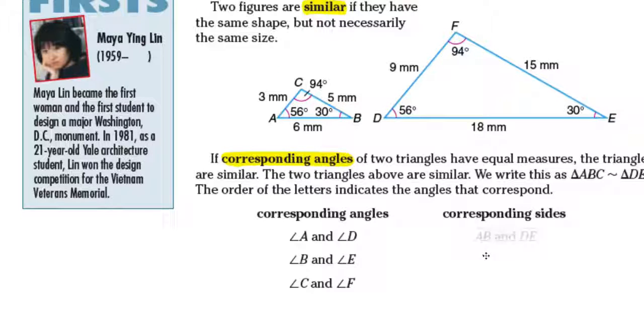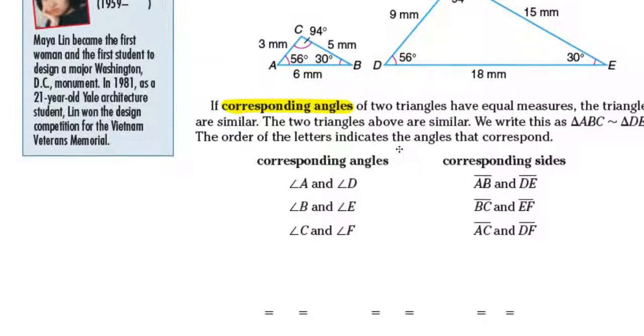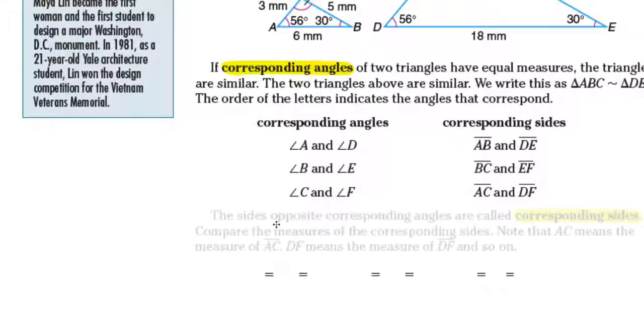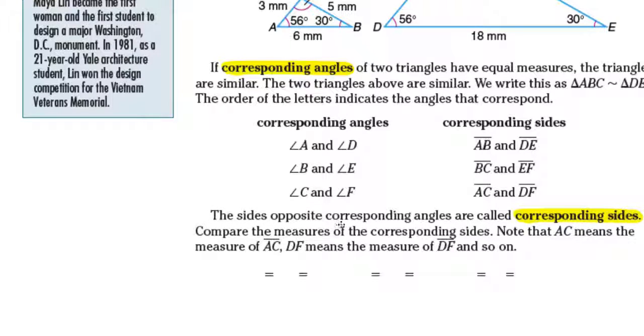So in this case, side AB, right here, and side DE are corresponding sides. Side BC and side EF, and side AC and side DF, are all corresponding sides.